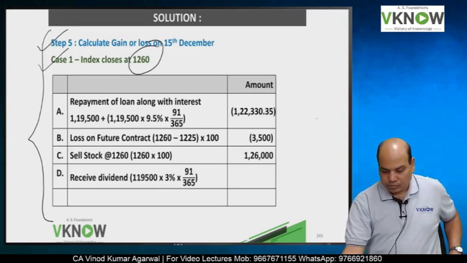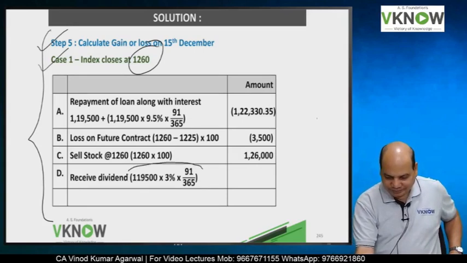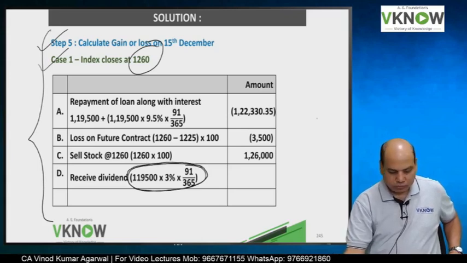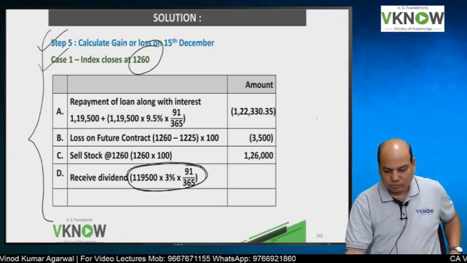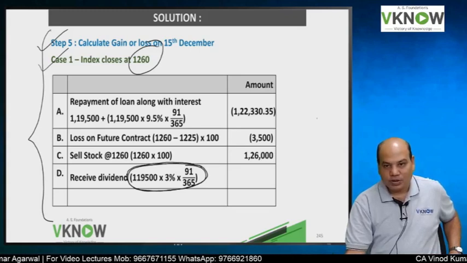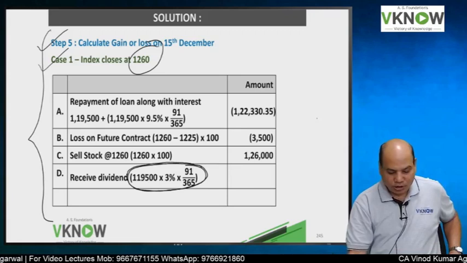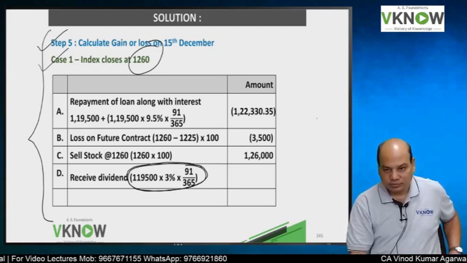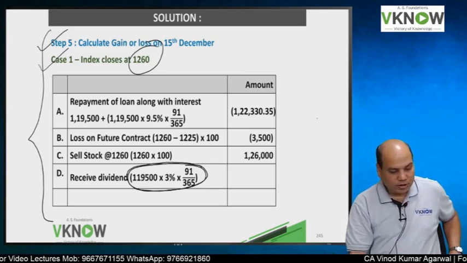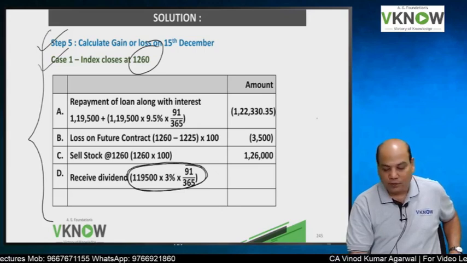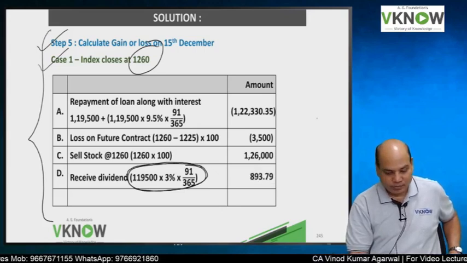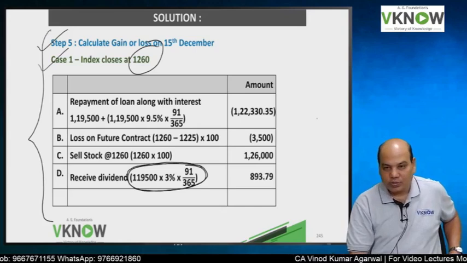Then dividend yield. Add dividend yield also: 1,19,500 into 3% into 91 by 365. 3% is the per annum yield, so we will take proportionately for 91 days. 893.79.